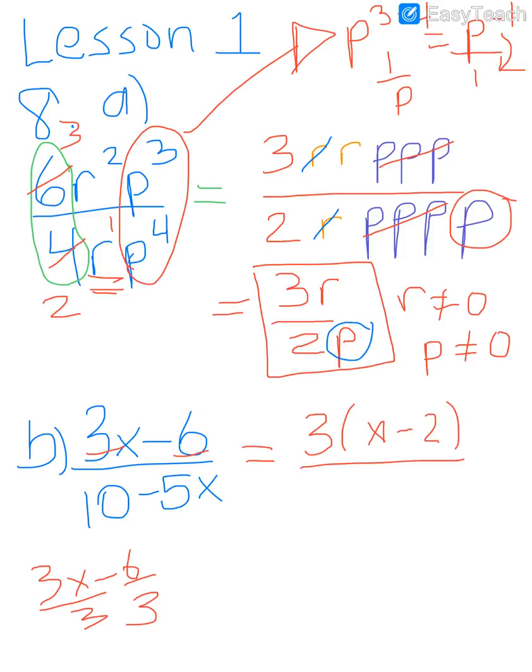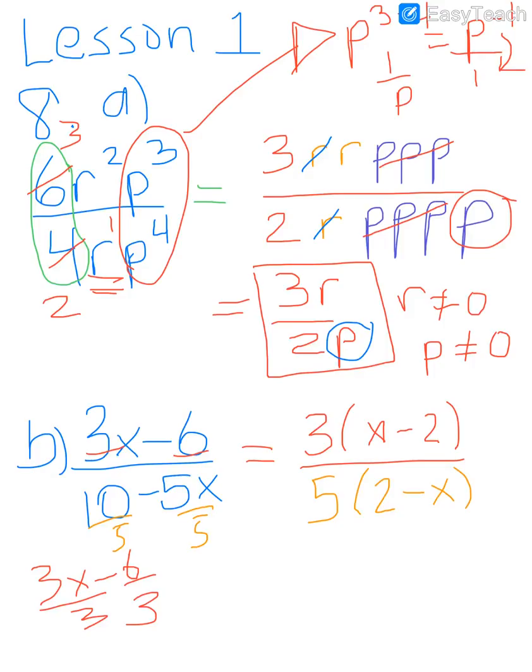And then my denominator, 10 minus 5x, I would say, okay, well, what can you factor out of that? And you could pull out a 5 from here. So the 5 goes in front of the bracket. And then what you would have left over is 2 minus x. Now, the brackets are not ready to be canceled yet.